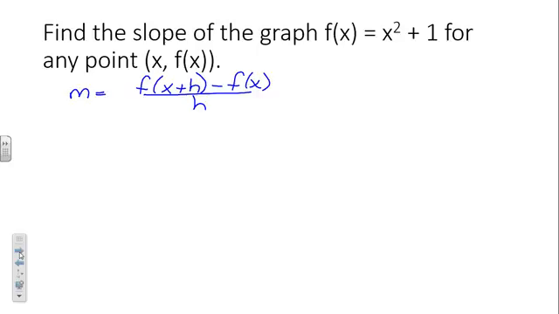They like to call this the slope of the secant line. That's what the little SEC means. You'll use it enough that you'll know it. So what we do is everywhere we see x squared, we just put x plus h. So we're going to take this first one, and everywhere we see x, we're going to put x plus h.